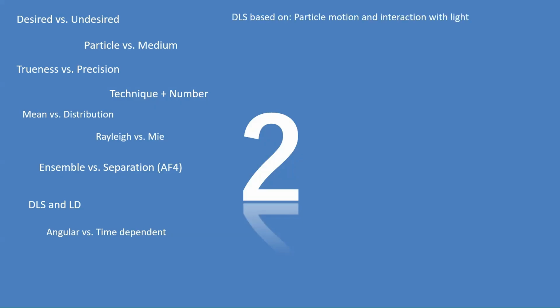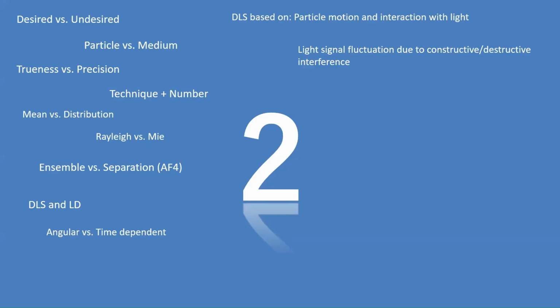In terms of DLS, we're relying on two things. One is the particle moving in Brownian motion, and the other is how the particles interact with the light while doing that Brownian motion. As a combination of motion and interaction with light, we get a signal from fluctuation, which has two aspects.